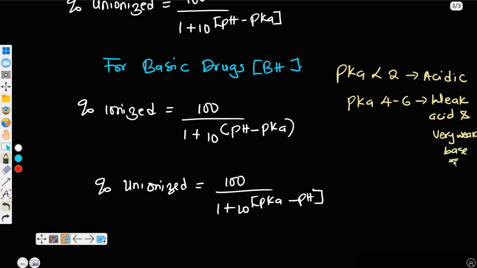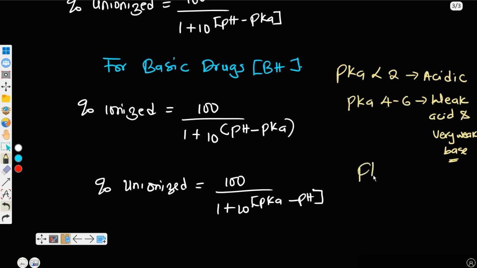So you can also classify those that have pKa between 4 to 6 as weak acids. Is that okay? So anyone that has pKa within 2 to 6, you take them as weak acid. From pKa less than 2 to 6 is weak acid.